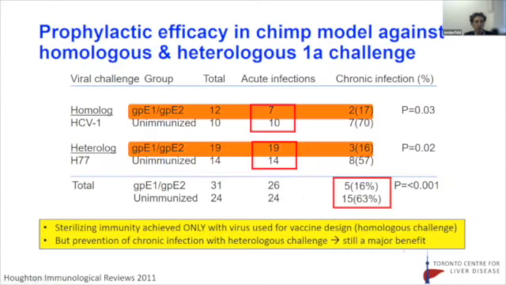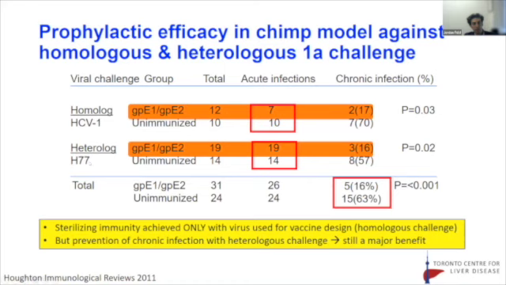And when you look at the collection of data from Michael Houghton's team and their studies, you can see that with a homologous challenge, if you give, in this example, 12 chimps an E1, E2 vaccine candidate, 7 of the 12 developed acute infection, so 5 actually had prevention or sterilizing immunity. But the benefit was greater in terms of chronic infection, and this difference was much more dramatic when you gave a heterologous challenge.